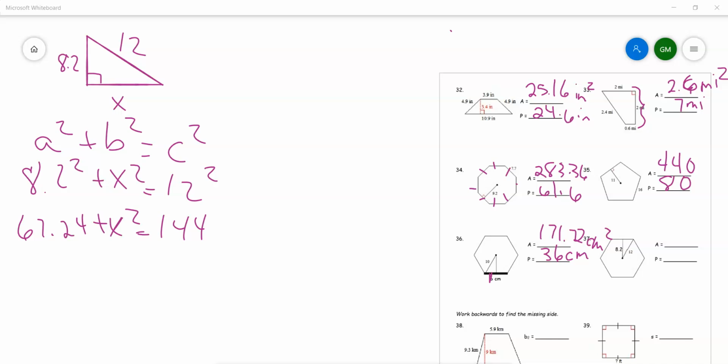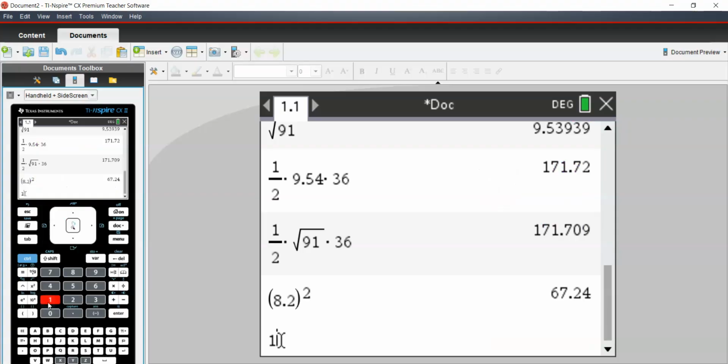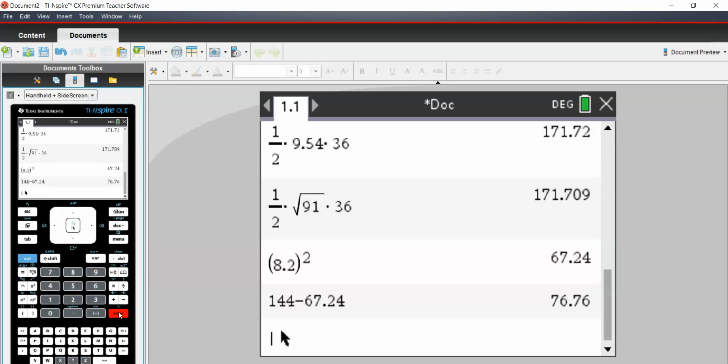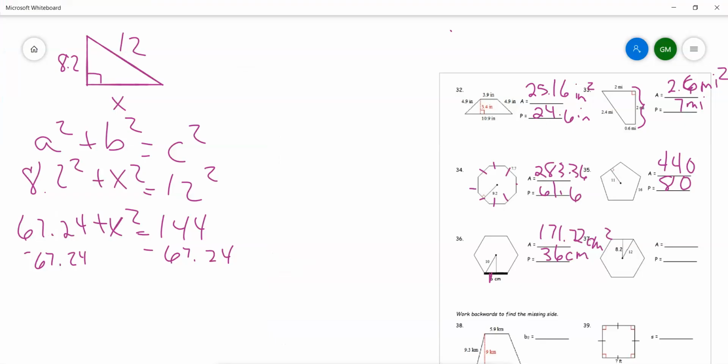Okay, so then we'll subtract 67.24 from both sides. So we have 144 minus 67.24, 76.76. So x squared equals 76.76. And we're going to take the square root.